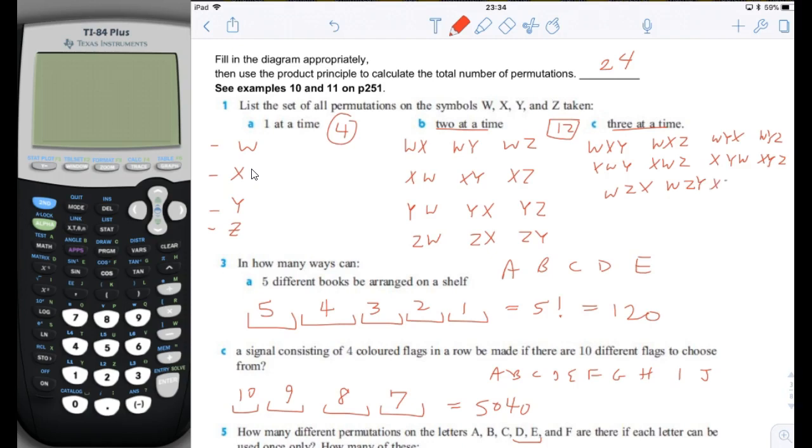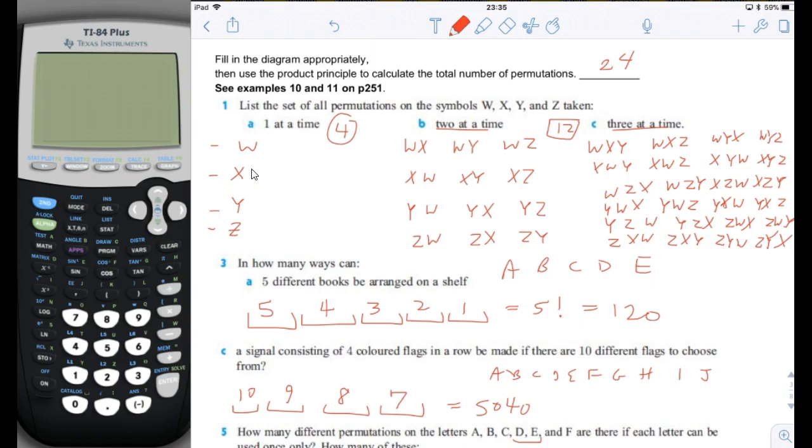I could have XZW or XZY. Whew, getting tedious. I could have YWX, YWZ, YZW, YXW, YXZ, YZX, ZWX, ZWY, ZXW, ZXY, ZYW, ZYX. So how many of those are there?